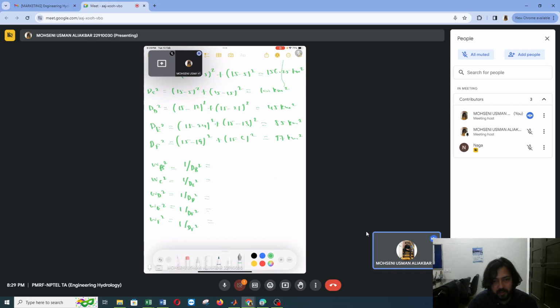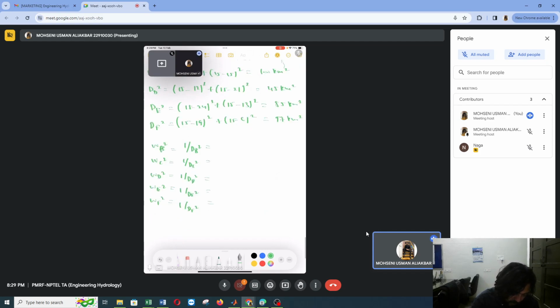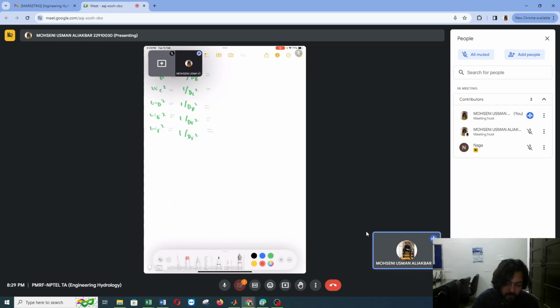So you can calculate this value, or else you can simply substitute the values in the equation. The equation is P of A, which was missing, equals summation of Pi into Wi upon summation of Wi.